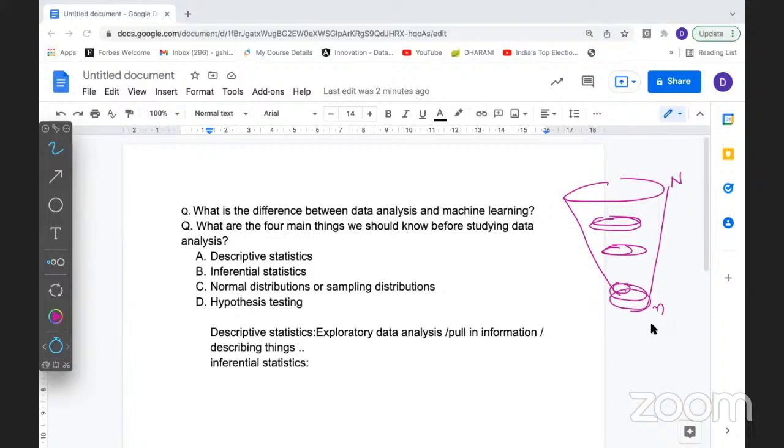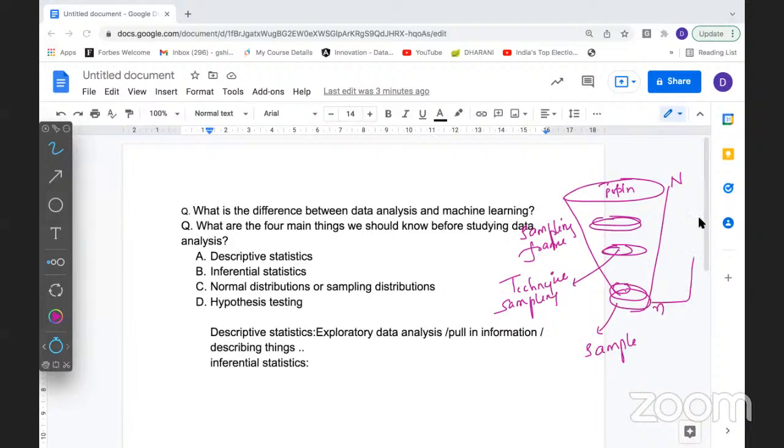So the first step holds good for population data, then you have your sampling frame. It's a unique condition that you apply. The technique that you apply here for sampling, for picking up the data, is the sampling technique, and finally this is your sample.